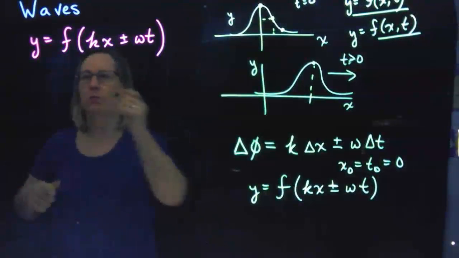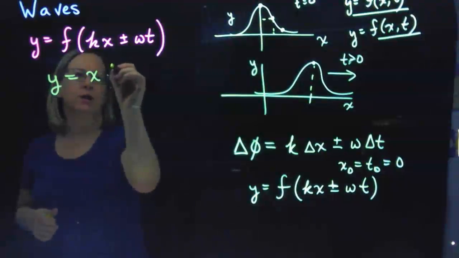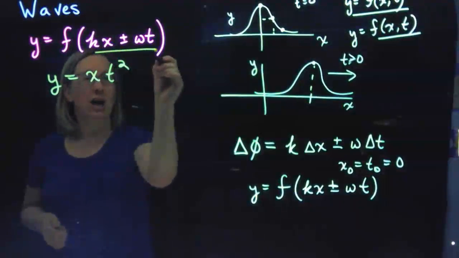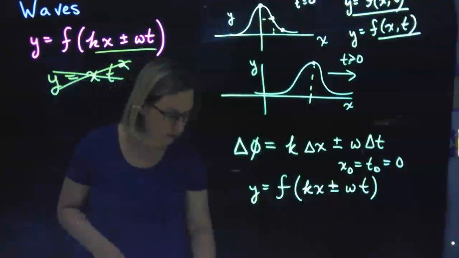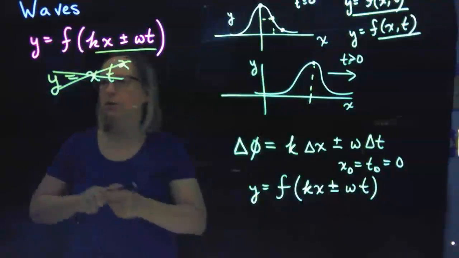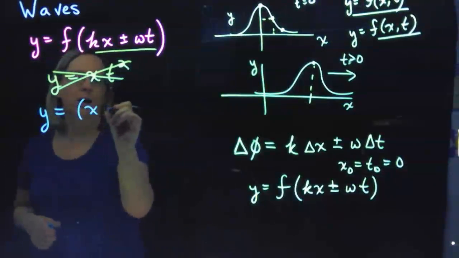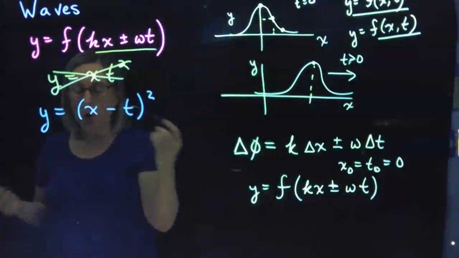Let's say my equation looks like y is equal to x times t squared. That isn't allowed because it's not in this form. So that's not okay. But if we look at something like this, y is equal to x minus t squared, this is an okay form.